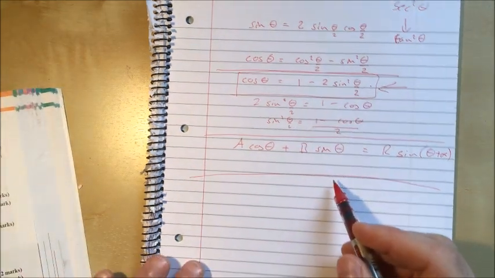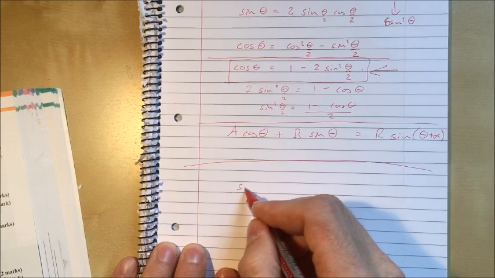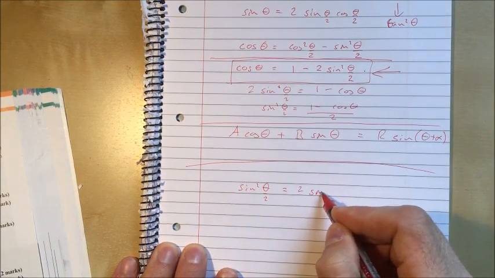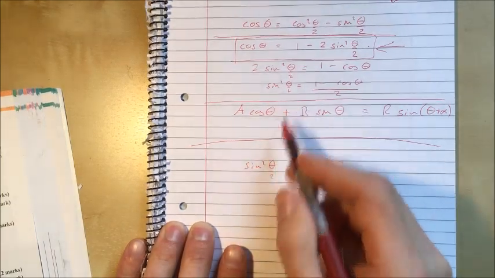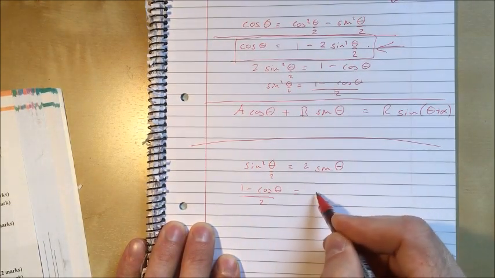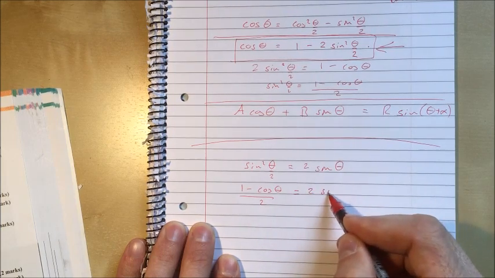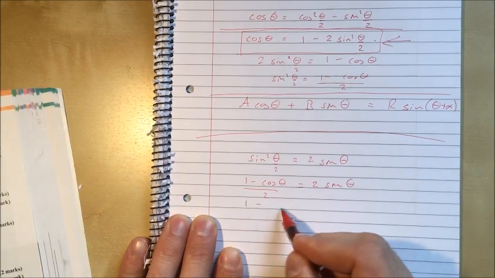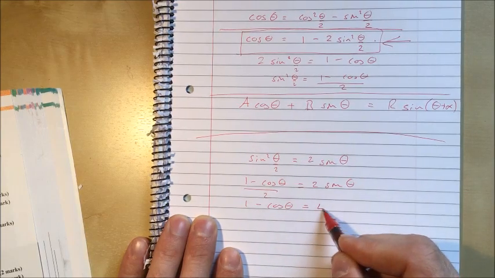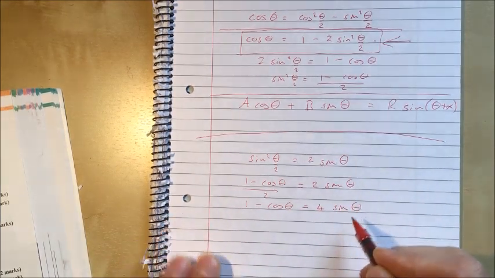So the equation that we've got then, sine squared theta over 2 equals 2 sine theta. Sine squared theta over 2 can be written as 1 minus cos theta over 2, equals, there we go, sine theta. 1 minus cos theta equals 4 sine theta.